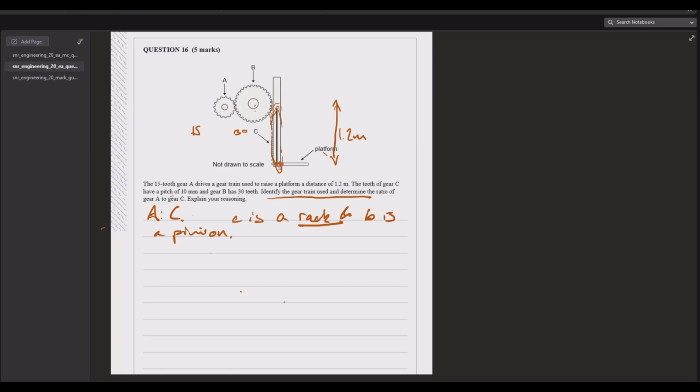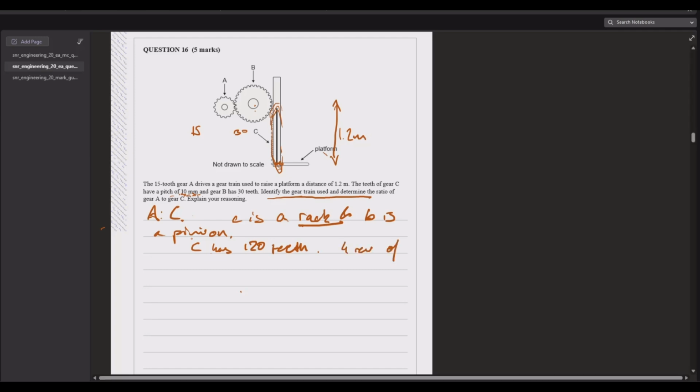Okay. So to move at a distance of 1.2 meters, and each tooth is 10 millimeters apart, just doing some quick math, that means C has 120 teeth. And that means that the gear ratio from B to C, because B is 30 teeth, is going to require 4 revolutions of B to move the platform.